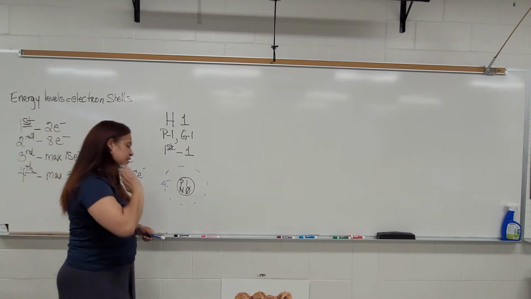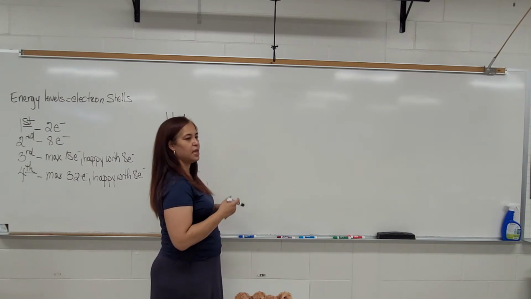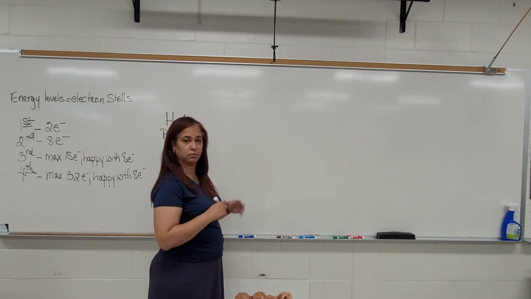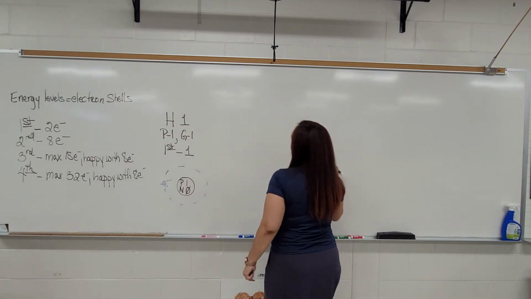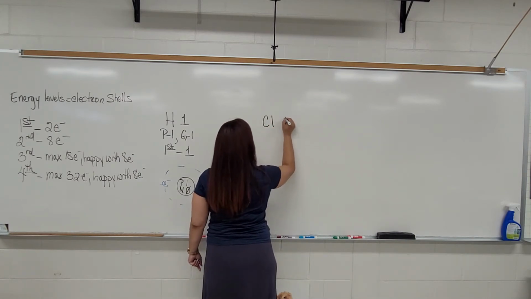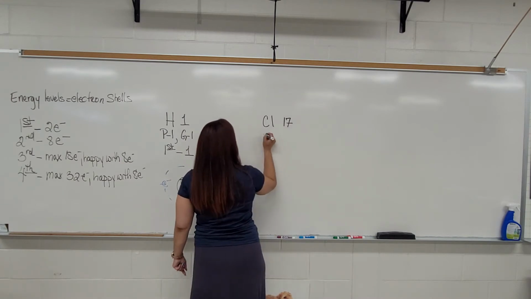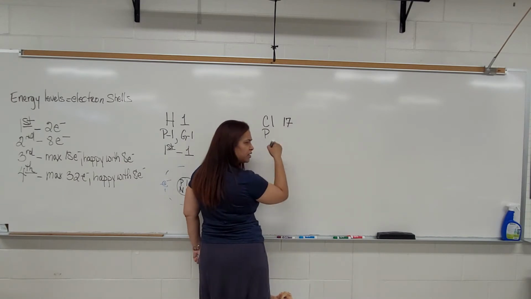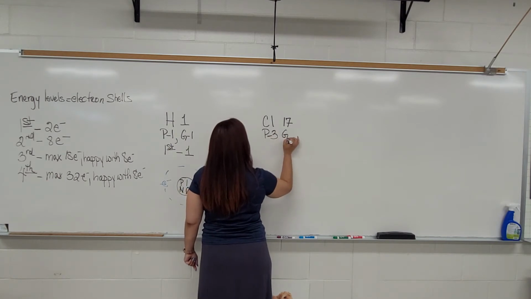Now, let's take a look at something a little bit more complicated: chlorine. Chlorine has an atomic number of 17. It is in period 3, and it is in group 7.